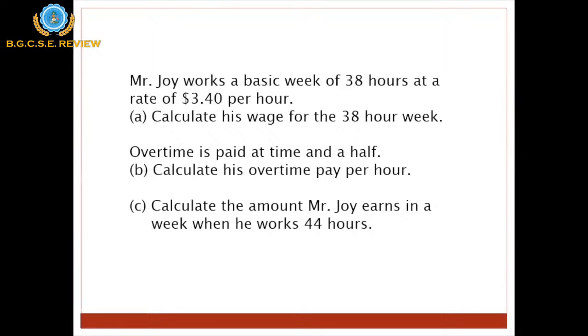And then to find the total for 44 hours, well, I know I have to figure out how many hours Mr. Joy worked overtime. And once I find that, I can multiply by my overtime rate for 1 hour. And then I can add that to the wage for a 38-hour week.